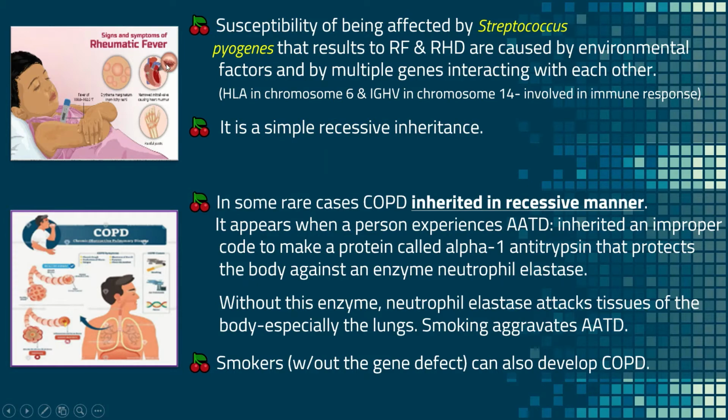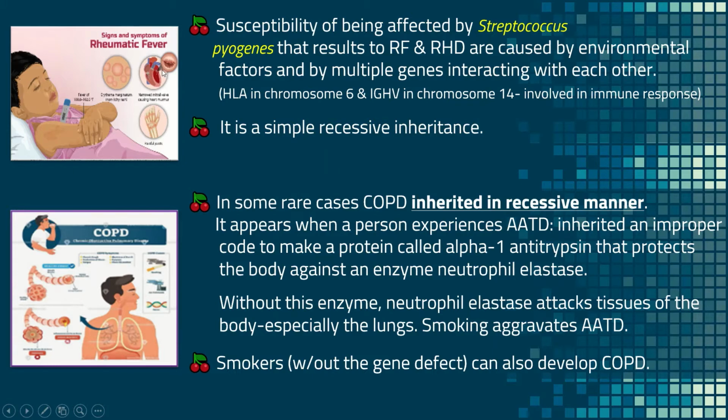For those who have RHD, their valves cannot fully close. Hence, trickles of blood can move backward, and it will lead to different kinds of symptoms. So, fever alone can be treated with medicine, but for those who have RHD, it needs surgery to repair the damaged valve.